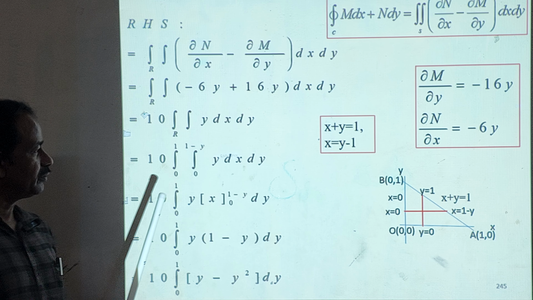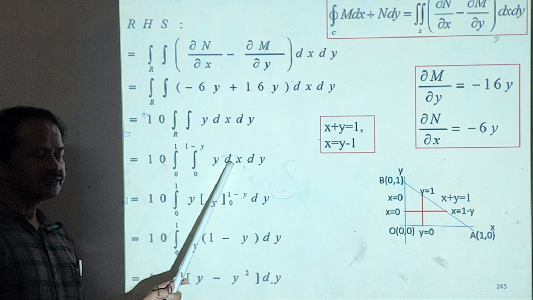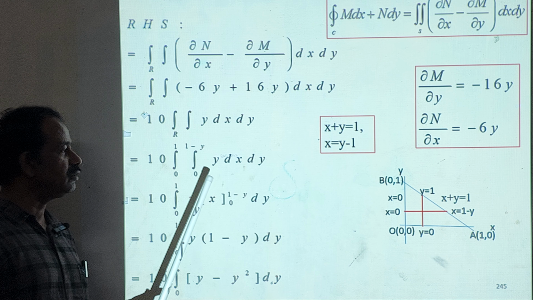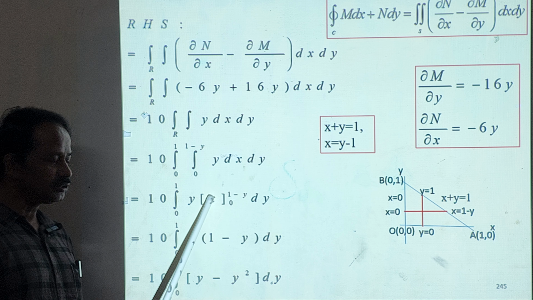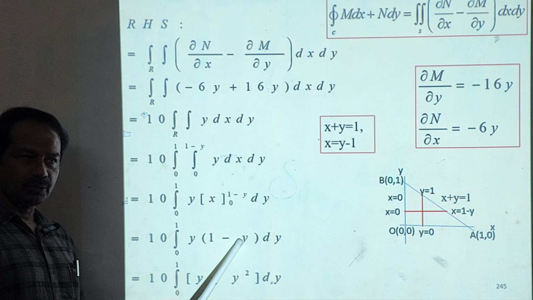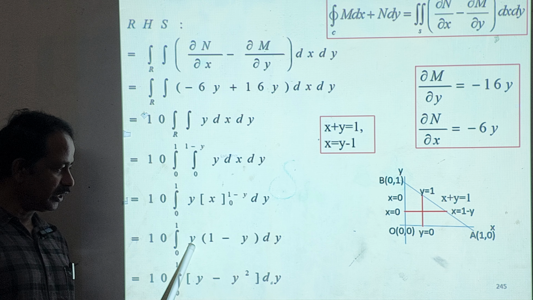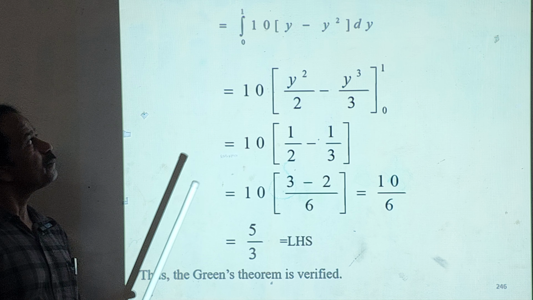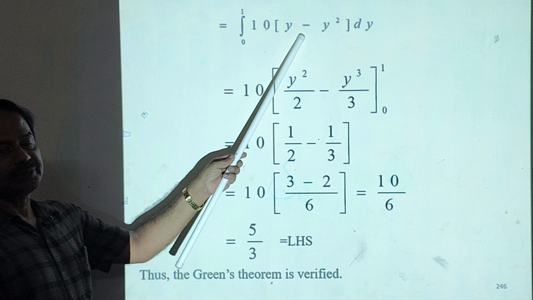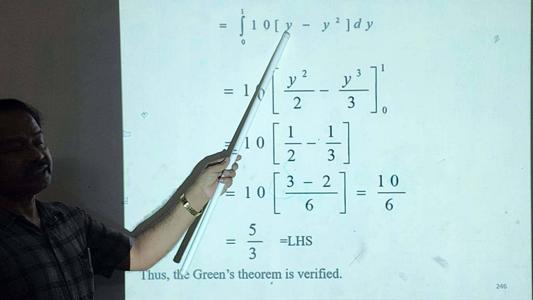So 10y dx dy. So now instead of dx you'll have to integrate, that will give you x from 0 to 1 minus y. Substitute the upper limit, that will give you 1 minus y, and you have y into 1 minus y will give you y minus y squared dy. So I have written the same thing here. So 10 times I have integrated now.